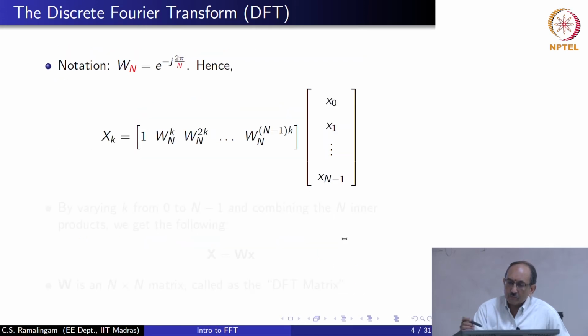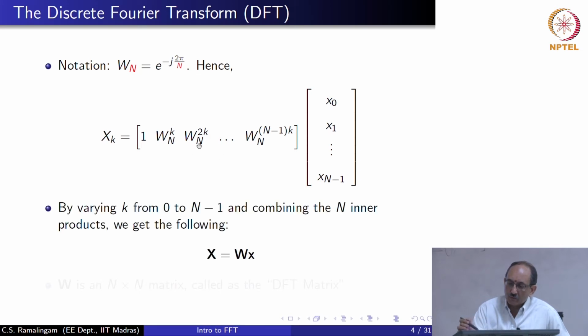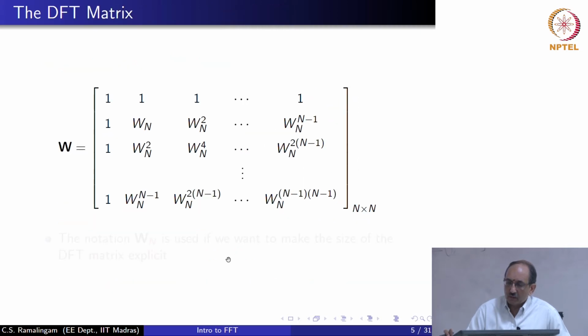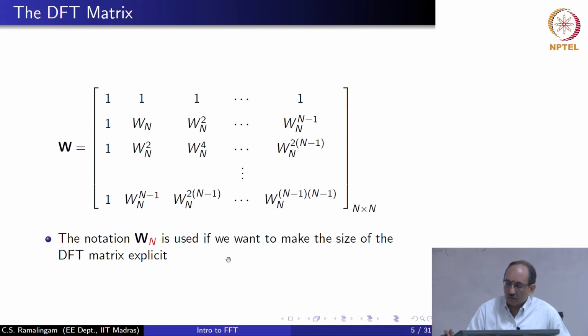And then if you use the notation W_N as e to the minus j2π by N, this inner product can be expressed in terms of this notation as follows. And if you vary k from 0 to N minus 1, we get the matrix notation that was introduced while discussing the DFT. And this W is of course called the DFT matrix, which is given by this. And as I had mentioned earlier, the suffix N is used if you want to make the size of this matrix explicit.